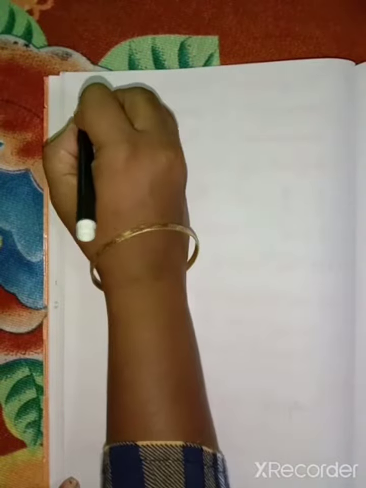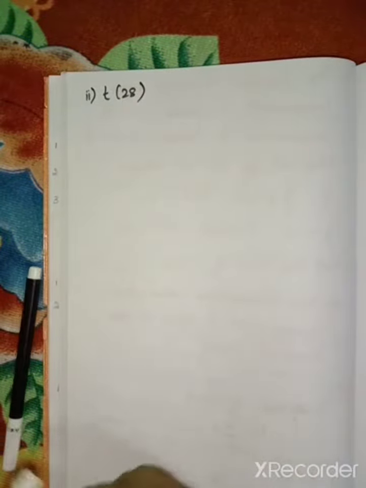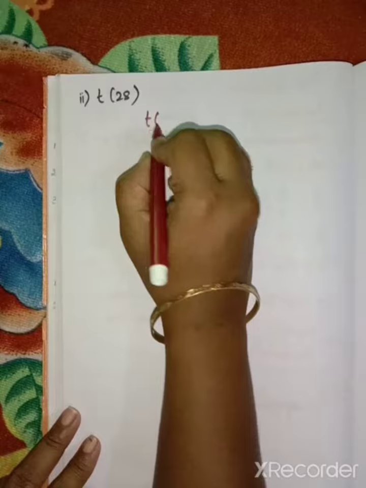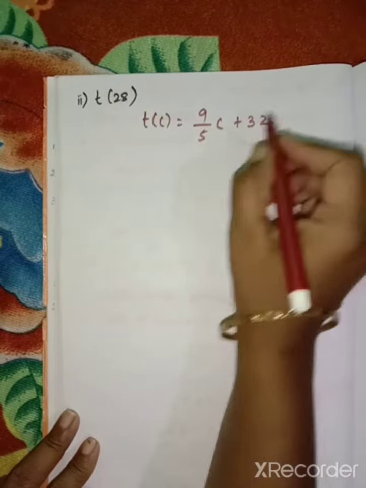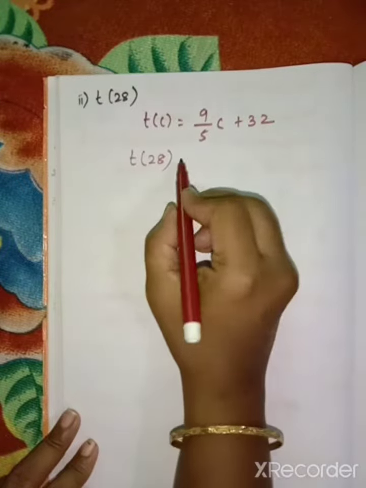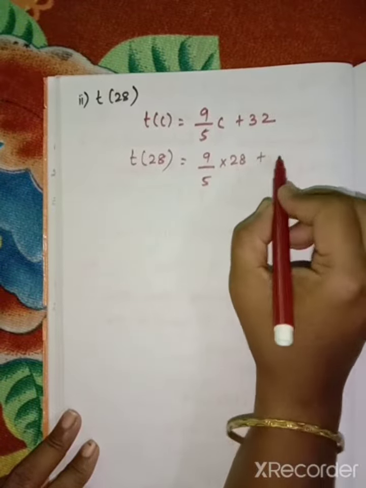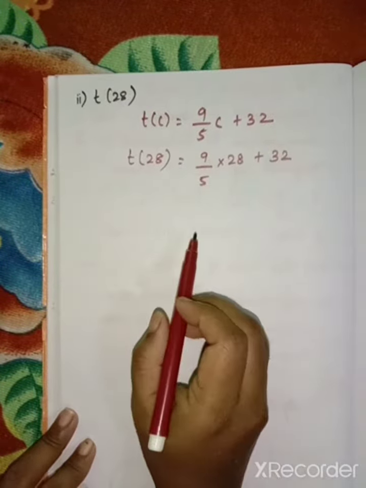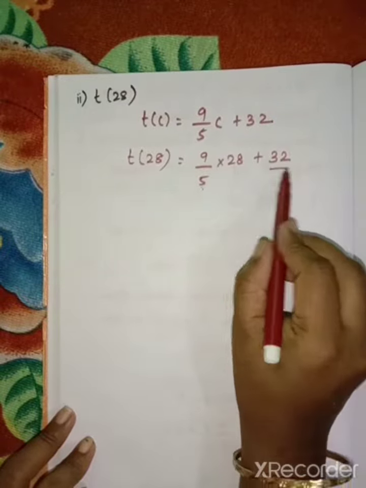So second one is T of 28. So here T of C equal to 9 by 5C plus 32. In place of C, we have to substitute 28. So 9 by 5 into 28 plus 32. First of all, see the denominator. Here we have a 5, here we have a 1.